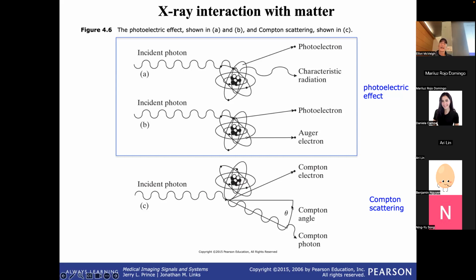And ideally what happens is this angle is high enough such that when this Compton scattered photon gets to your detector, it's at a high enough angle that you can filter it out with what's called a scatter grid, with parallel planes, parallel lines that look back to the target.